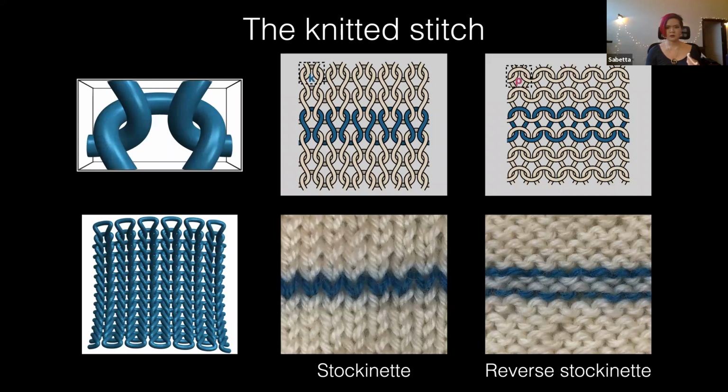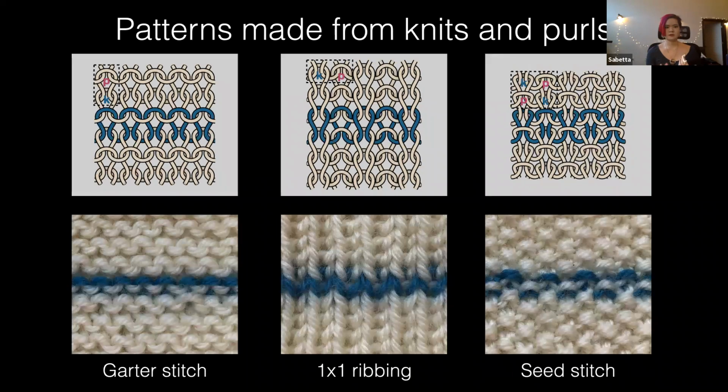So there's also a bunch of simple patterns that you see in a lot of textiles that are made from knits and purls. So alternating rows of knits and purls is something called garter stitch. And this is garter as in like a garter belt. So this has a different type of elasticity. So it sort of plays off of stockinette in the name comes from how it's used.